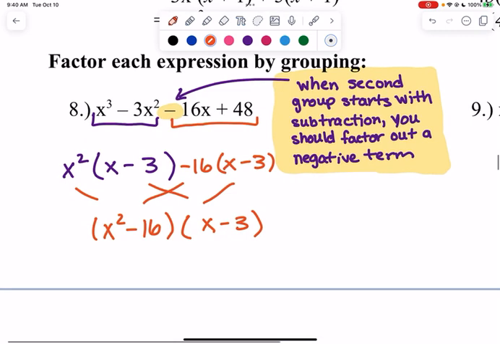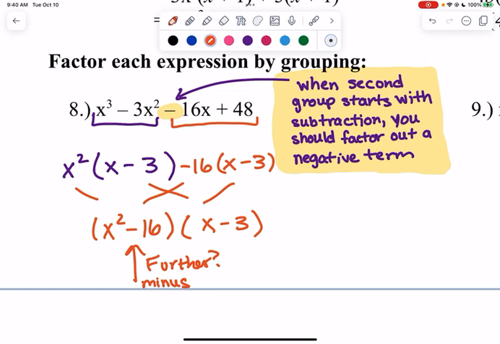You just have to check when you have an x squared term that you can't factor further. Sometimes you can, sometimes you can't. When it is a difference of squares, you can factor x squared minus 16 further.